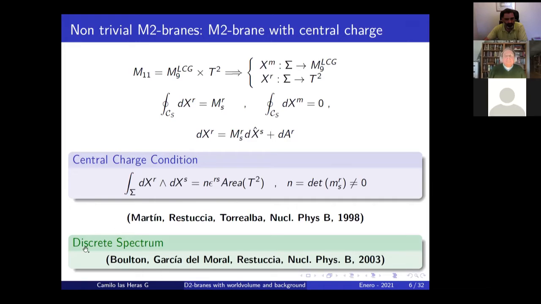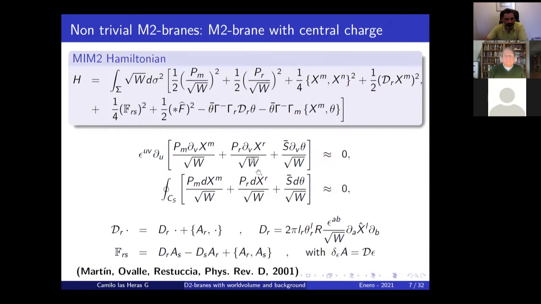It was found that the supermembrane restricted with this topological restriction has a discrete spectrum. Therefore, the M2 brane with central charge may be understood as describing microscopic degrees of freedom of at least a sector of M theory.